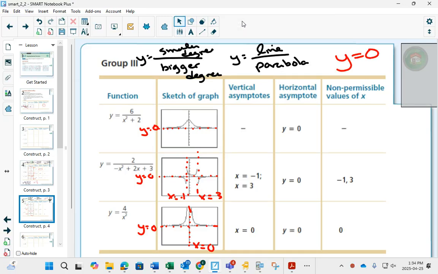And the main characteristic of group 3 is that you always have a horizontal asymptote and it's always at y equals 0. Really boring. Group 2, the horizontal asymptote can move. Group 3, boring. Well, not boring, easy. Always at y equals 0.